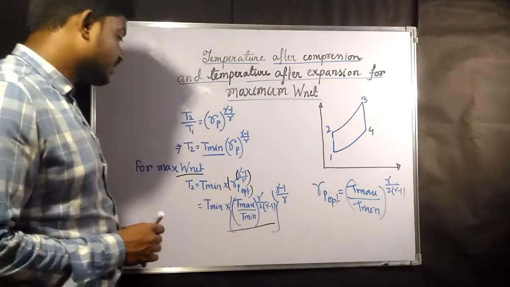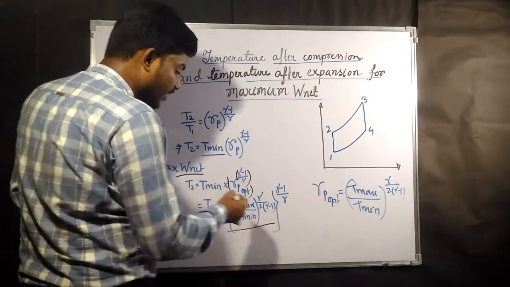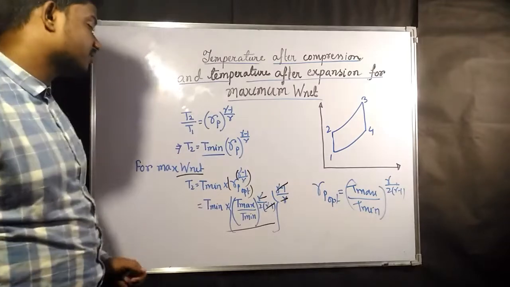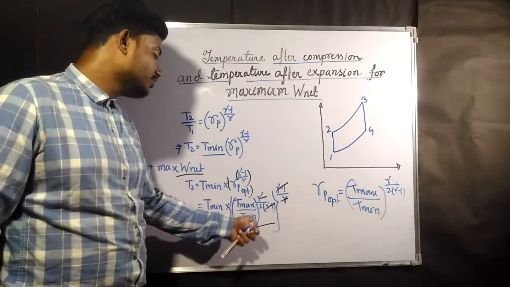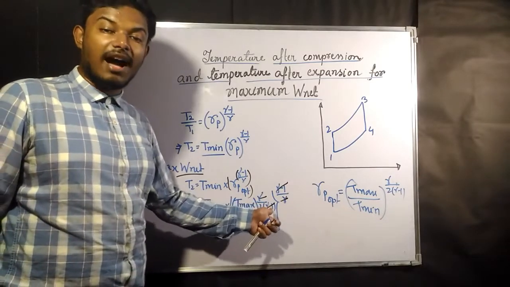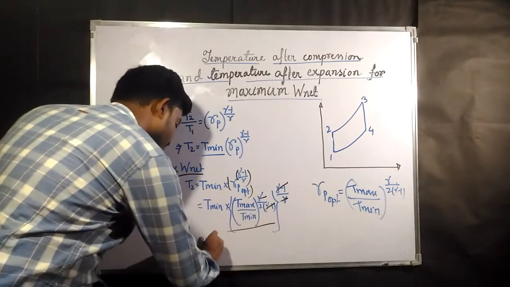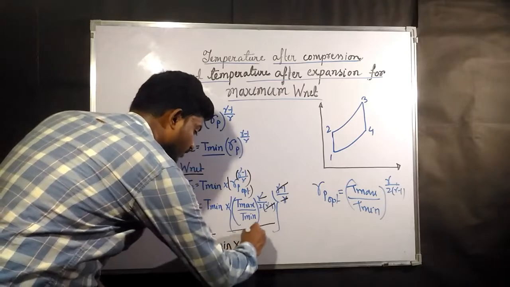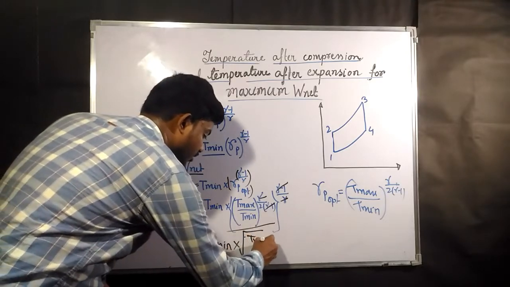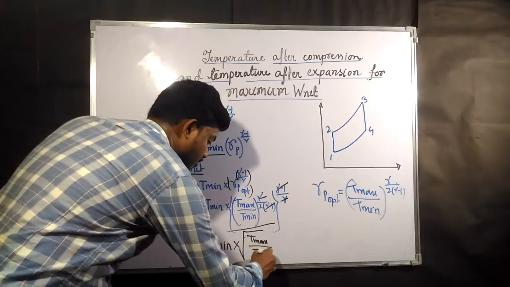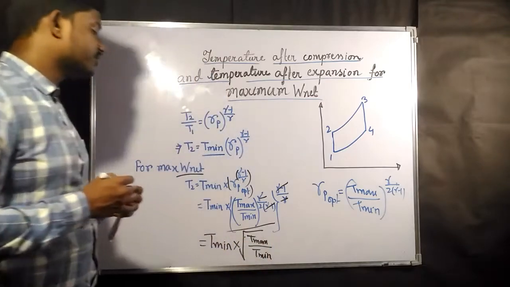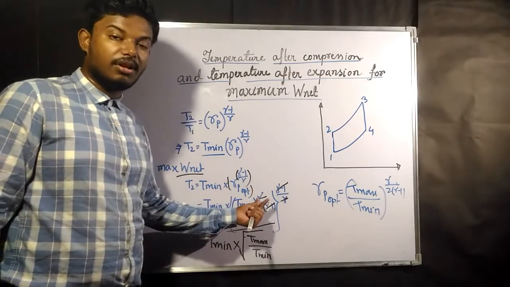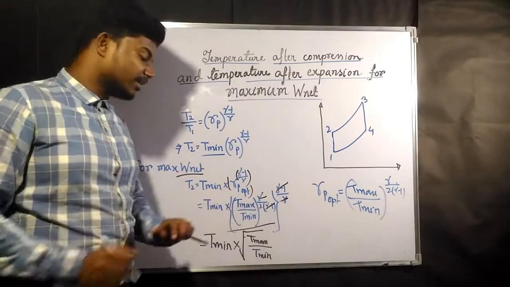Now if you see, gamma gets cancelled out, and gamma minus 1 and gamma minus 1 get cancelled out. What is remaining? (T max by T min) to the power half. That means you are going to get T min into root over T max by T min, because the power is half, and half power is nothing but a square root.